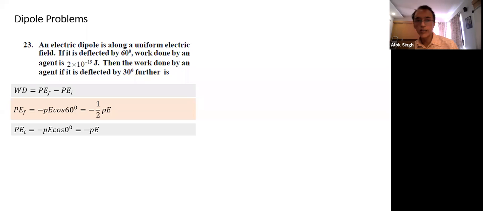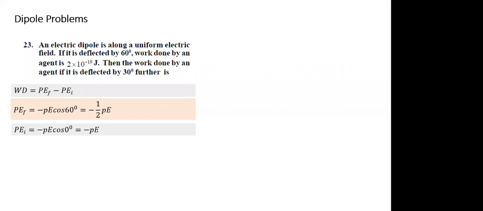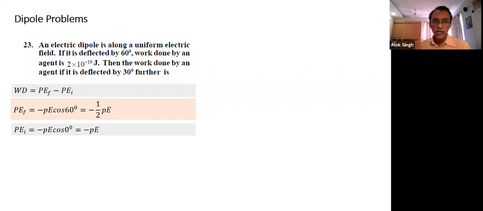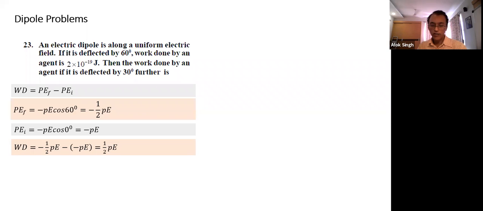What is the initial angle here? How do you get this initial angle 0? Because it's along the field. So we have visualized it, it's easy. Initial angle along means initial is 0, and deflected by 60 degrees means theta has become 60. Simple substitution. So what is work done? I put those values and find work done is equal to P by 2. This is the work done from 0 to 60.